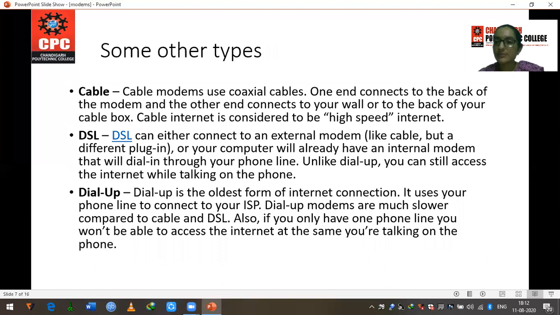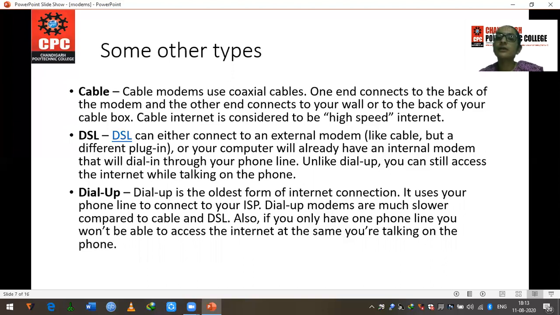Next, some other types of modems. First, cable. Cable modems use coaxial cables, with one end connected to the back of the modem and the other end connected to the wall or the back of your cable box. Cable internet is considered to be high-speed internet. Next is DSL.